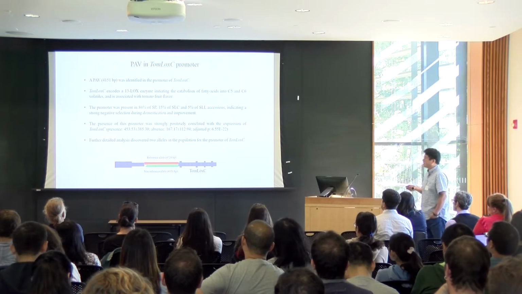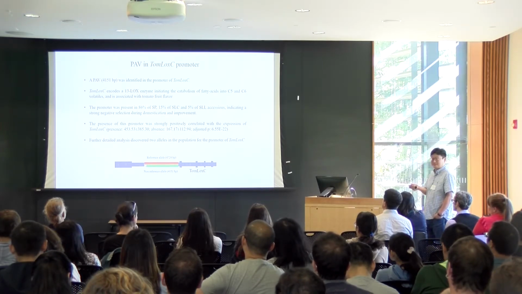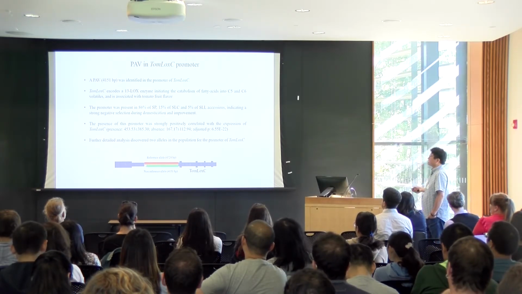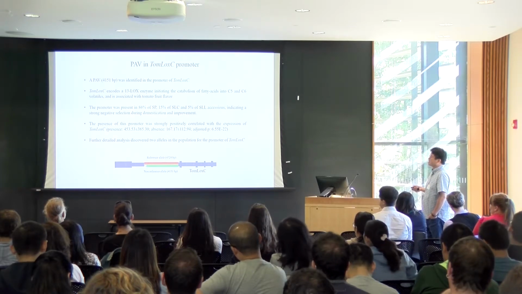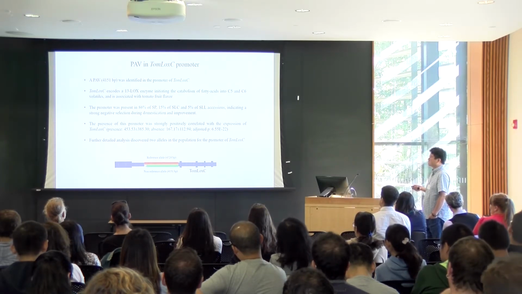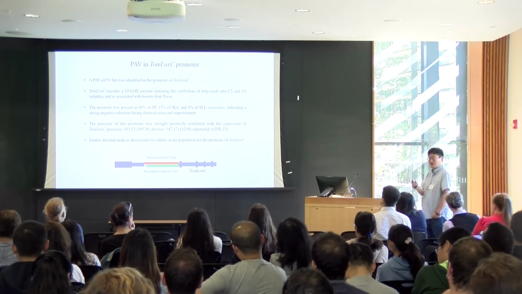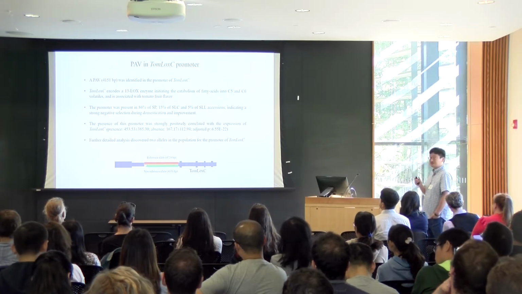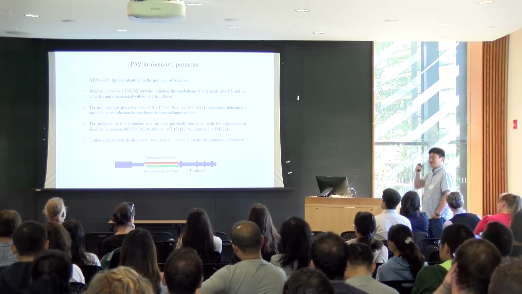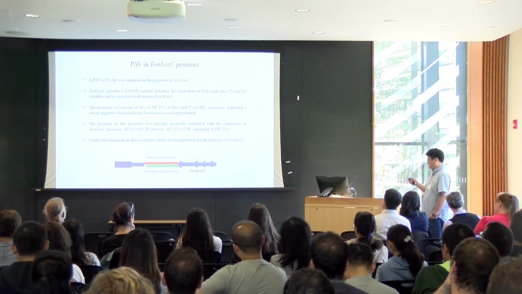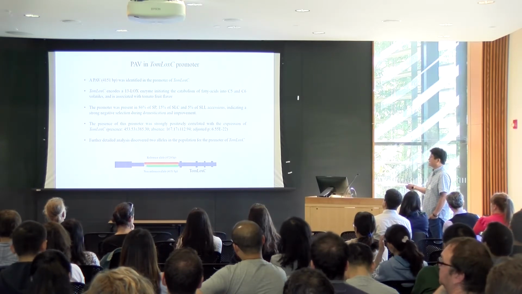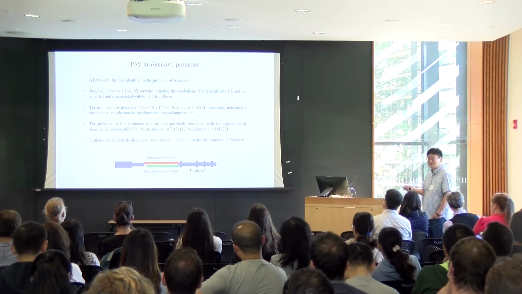This indicated a strong negative selection during domestication and improvement. We also found that the presence of this promoter was strongly positively correlated with the expression of TomLoxC. If you have this promoter, the expression is much, much higher than if you don't.